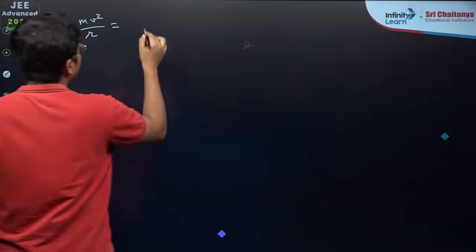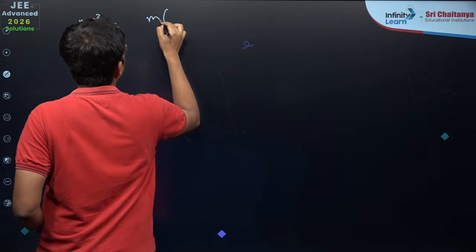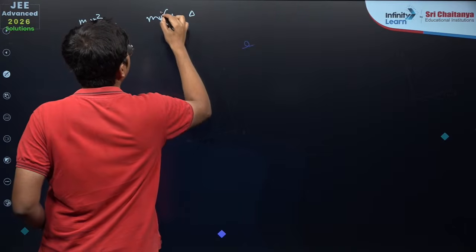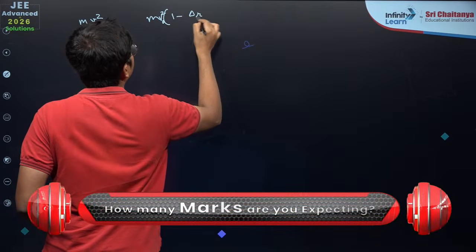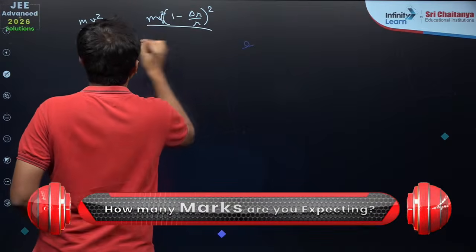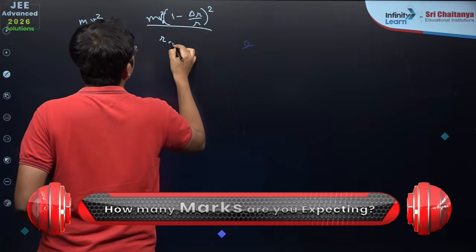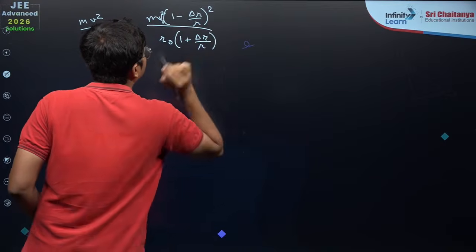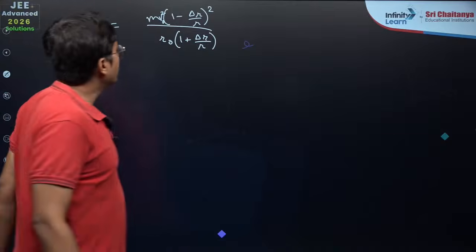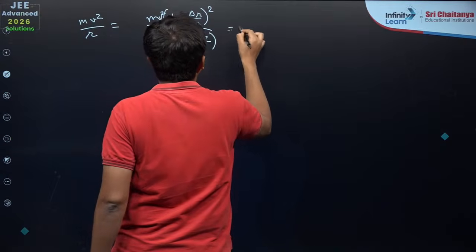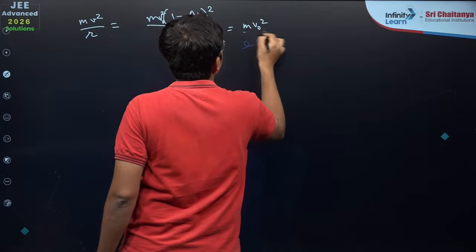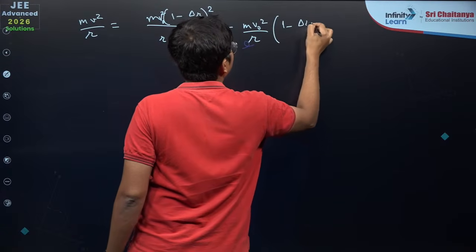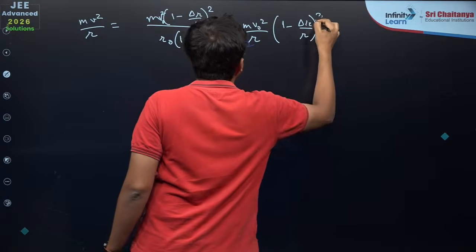So the new centrifugal force would become m into v0 squared, 1 minus delta r by r whole square, divided by r, which is now r0 into 1 plus delta r by r. You can apply a sort of binomial approximation here to send it on top and make it mv0 square by r into 1 minus delta r by r whole cube.